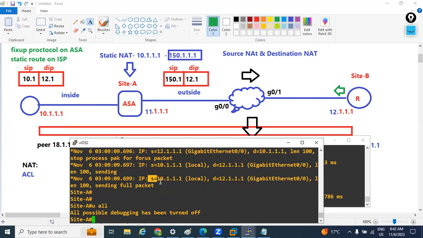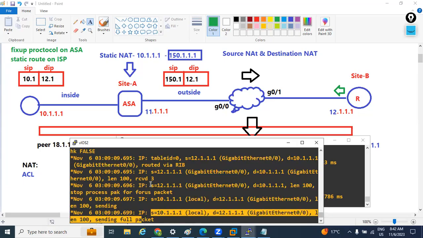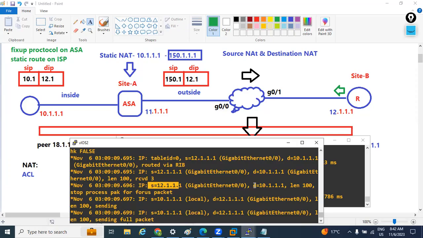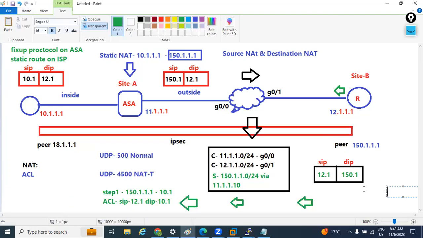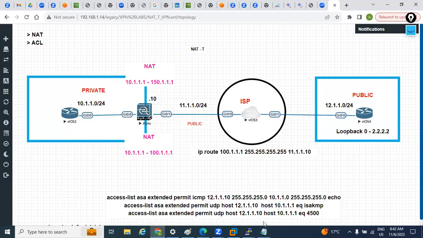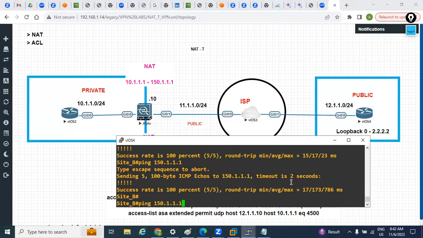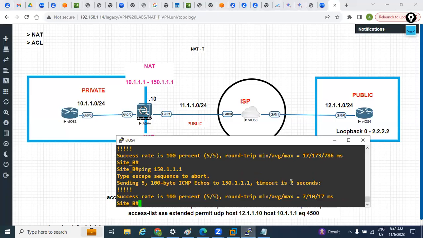You can see source IP 10.1 and destination 12, so this is sending the packet. When it has received the packet, source is 12.1 and destination is 10. Clear, guys? I hope now it's all clear. So right now, from the other side also, we have reachability to 150.1.1.1.